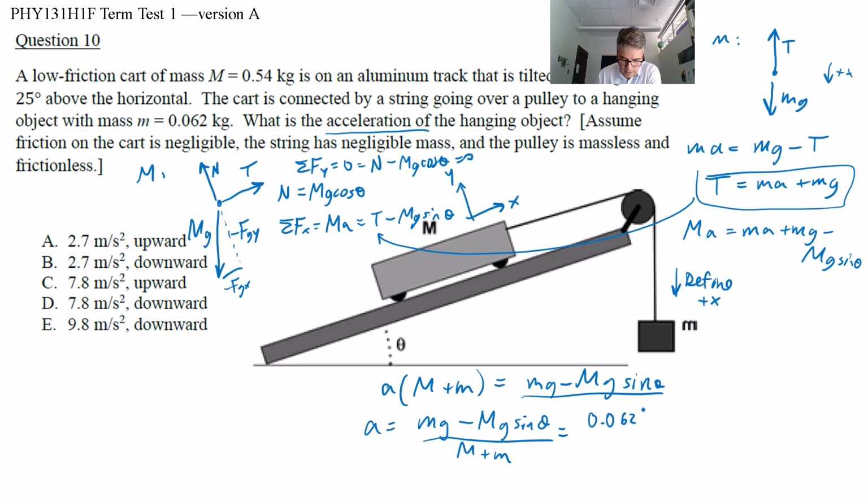0.062 times 9.8 minus 0.54 times 9.8 times sine of 25 degrees, all divided by 0.54 plus 0.062.